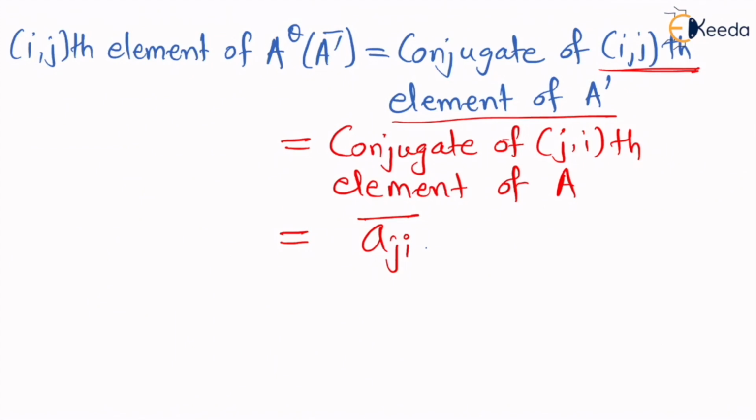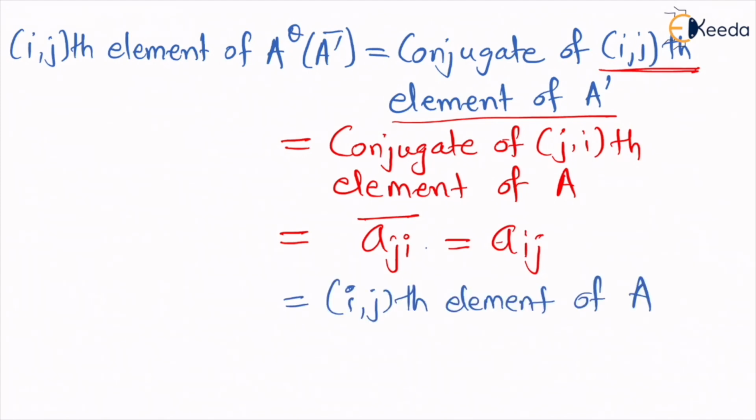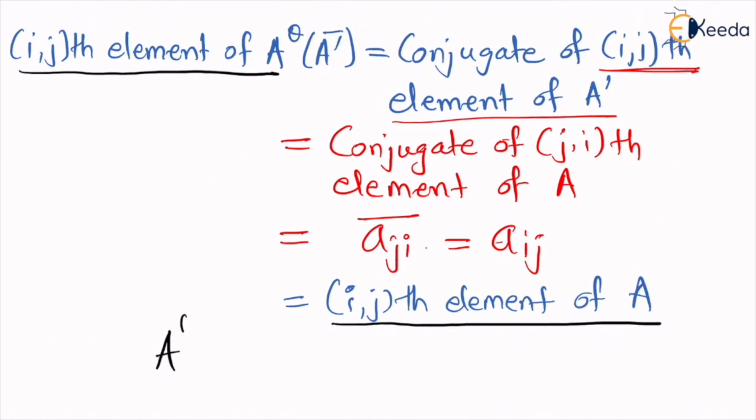So here it is equal to Aij, and Aij is nothing but the ijth element of A. So now we got the ijth element of A theta equal to the ijth element of A. It means A theta is equal to A, because every element of A theta is equal to each and every element of A. So guys, here we have proved the result.